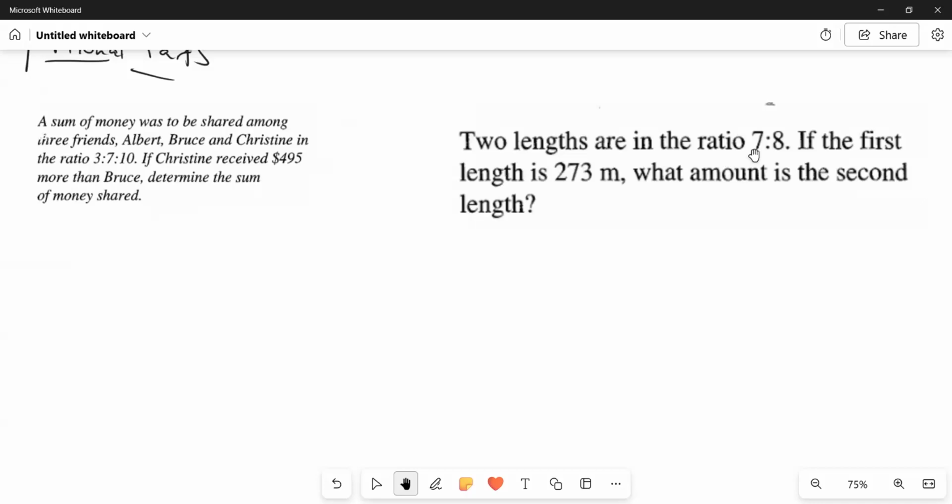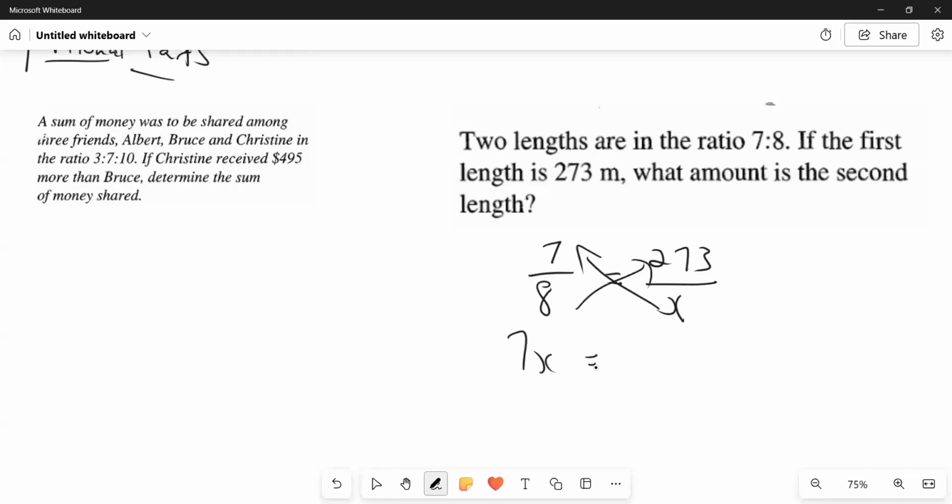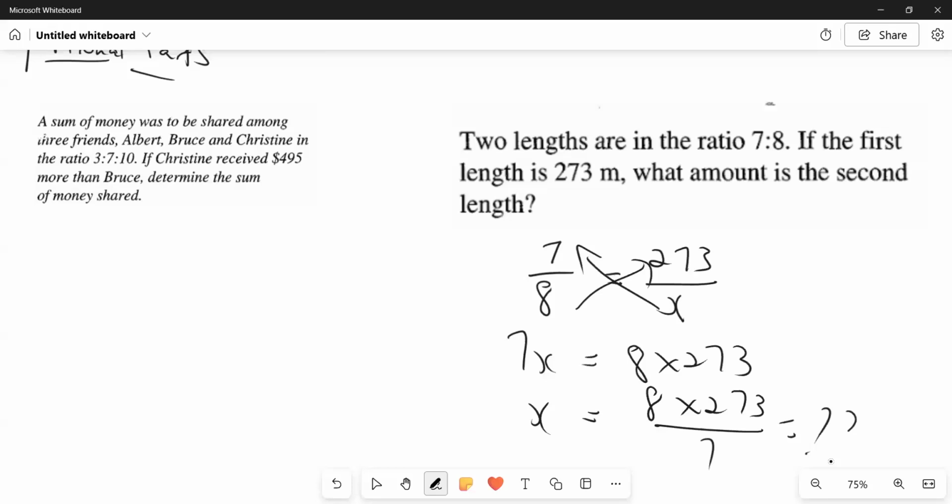Here you're dealing with two lengths in the ratio 7 to 8. If the first length is 273, what is the second length, right? And we can use that direct proportion thing. 7 to 8 will be equal to 273 over x, right? And you can quickly find x by cross multiplying, right? So you get 7x equals 8 times 273. x then will be equal to 8 times 273 divided by 7. And we get an answer, right?